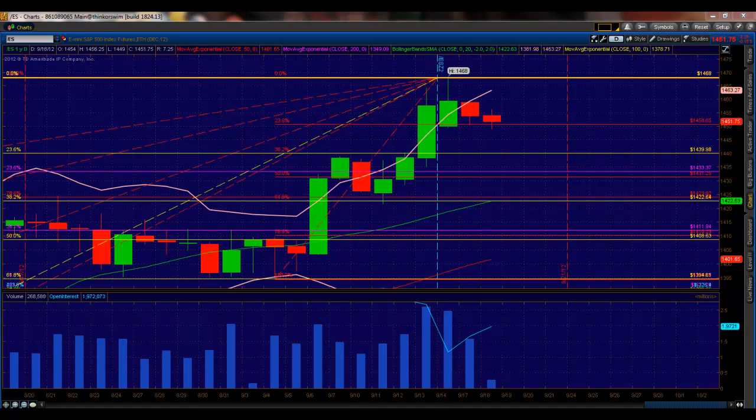If it breaks, then again, another reason I'm looking at 1440 is because that is the 23% retracement of a deeper level. That's the 23% retracement as depicted by the yellow line of 1468 to the deeper swing low at 1349 quarter. So 1440 is important to me for a few reasons.